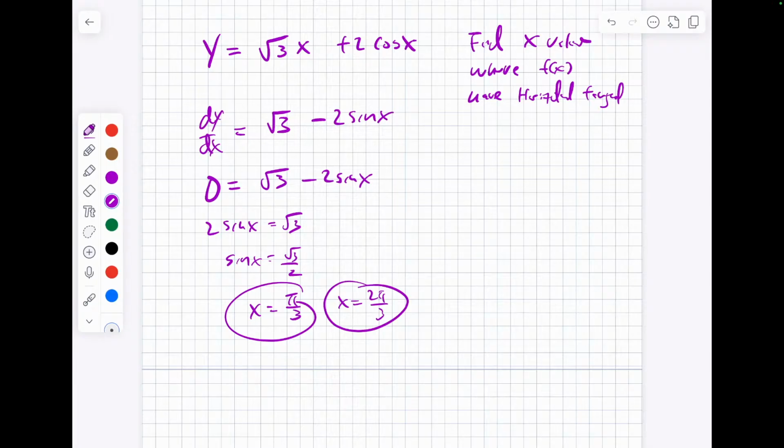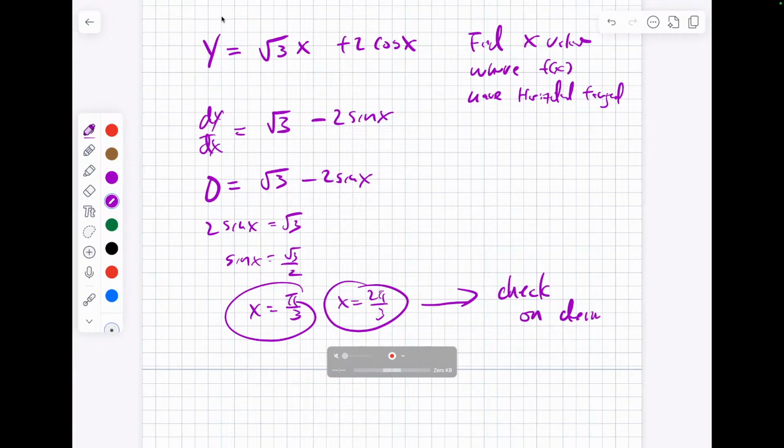Those give horizontal tangents. Now what do we do? Check on decimals. If you check on decimals, it's going to have either a maximum or a minimum at that point.